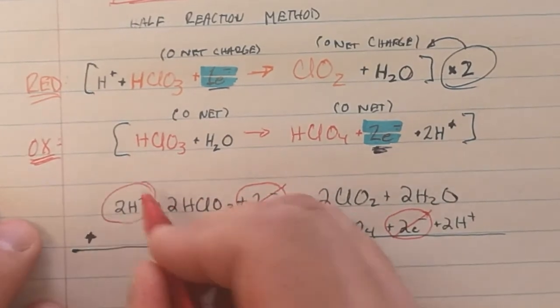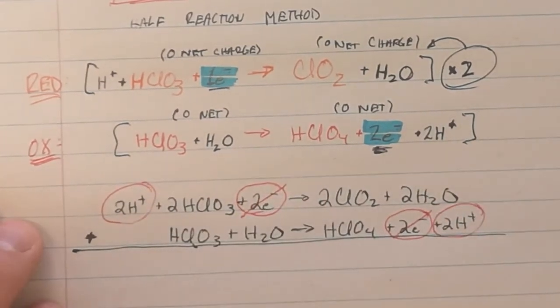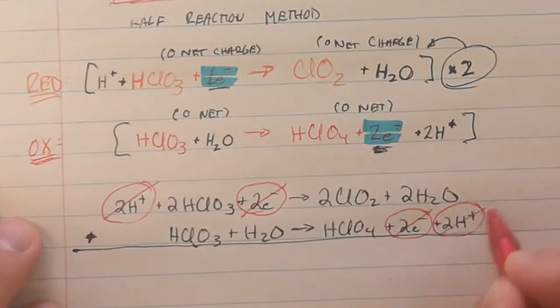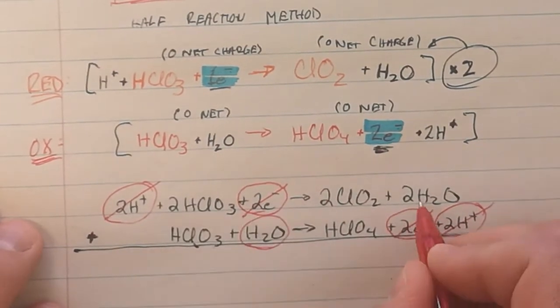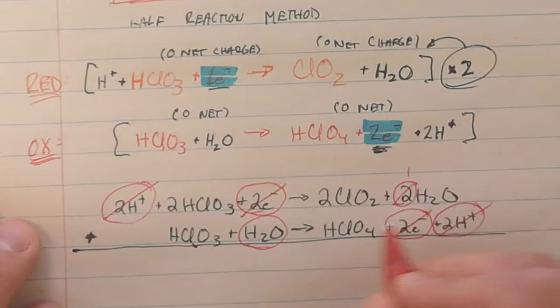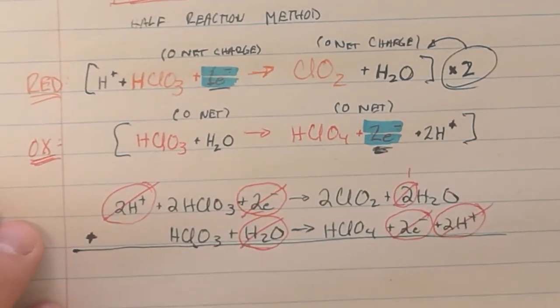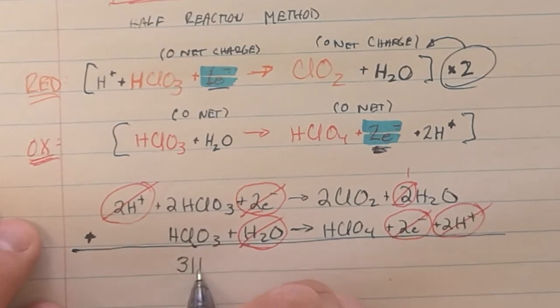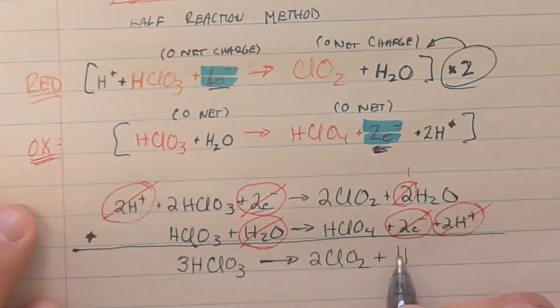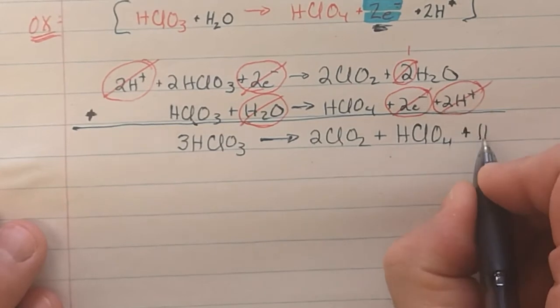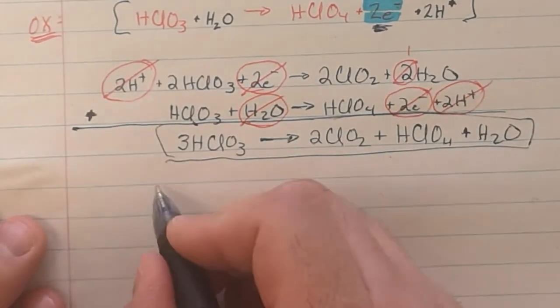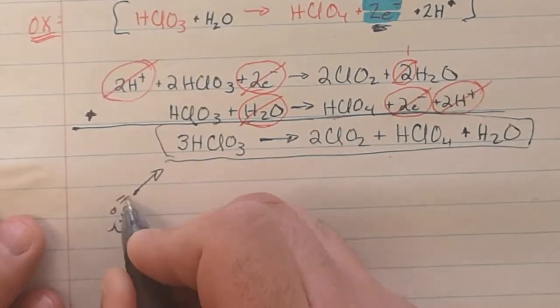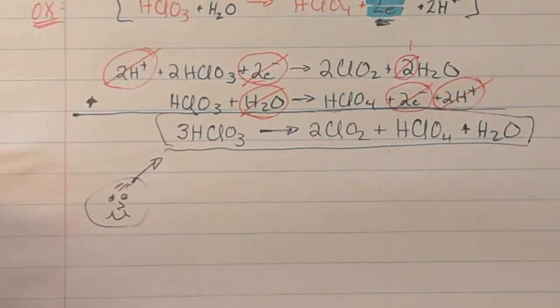If we start and finish with 2 hydrogen ions, it didn't undergo change, we can cancel those too. If we start with 1 water and finish with 2 waters, we can cancel out one of those waters. Let's group these together now. This is our balanced equation. We did it. Good job, everybody.